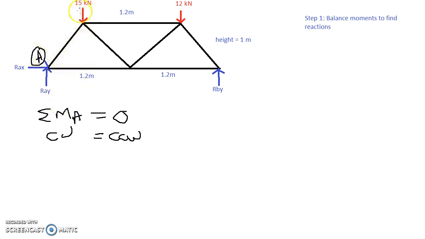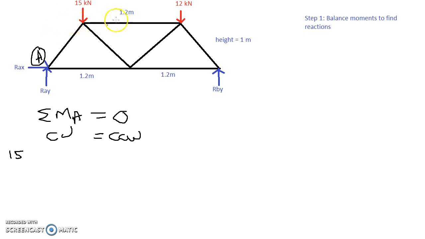Now clockwise, we have the 15 kilonewton force here, and it's at a distance of, well, if this is 1.2, that's 1.2, that's 2.4 along the bottom, that's 1.2 there. So between this and this, that has to make up 1.2, so that means that this is 0.6. All right, so that is the perpendicular distance.